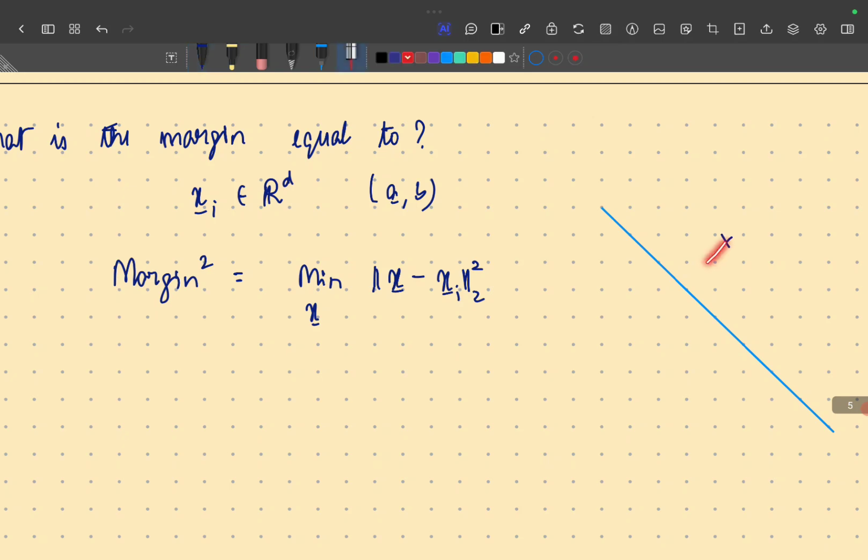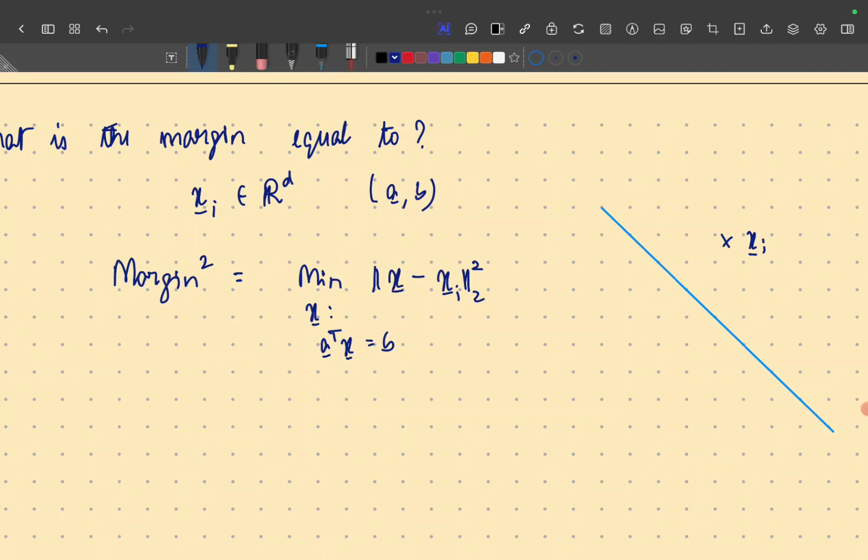The margin is basically the perpendicular distance from this point xi to the hyperplane. But that's also equal to the distance from xi to the closest point in the hyperplane, so x such that A transpose x equals b.